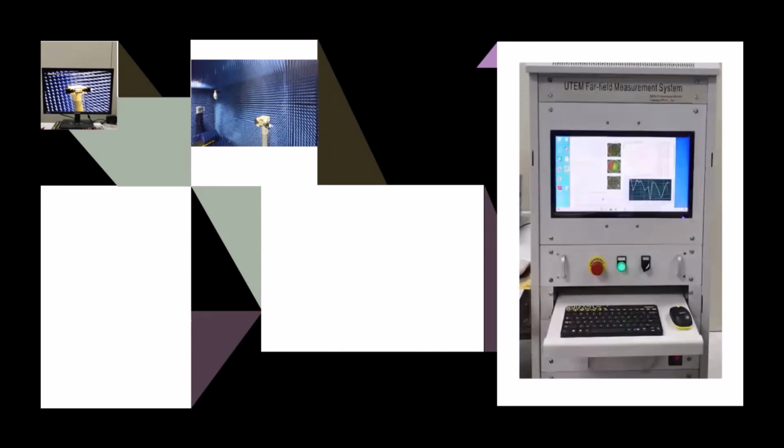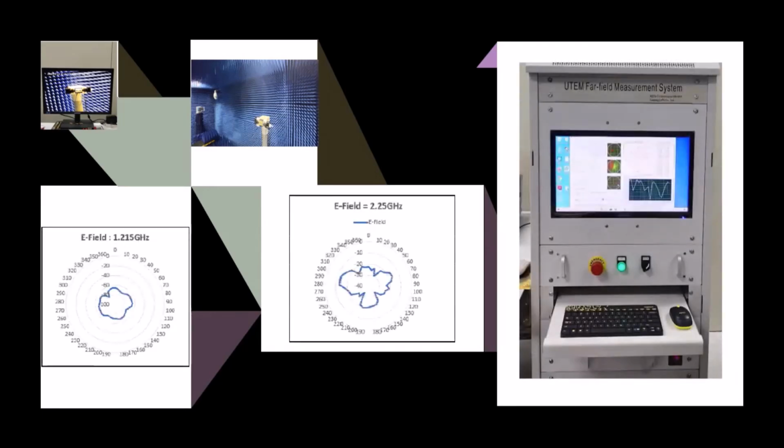Next is to show the measurement of the far field system. This is actually the RF chamber of FTKK, the research lab. This is when the transmitter and also the receiver, which is the slotted bow tie antenna, are in vertical orientation. Okay, and how we measure is to measure the receiver antenna.